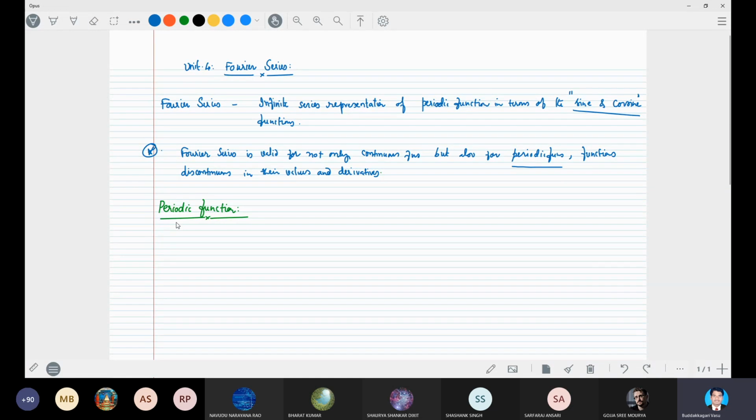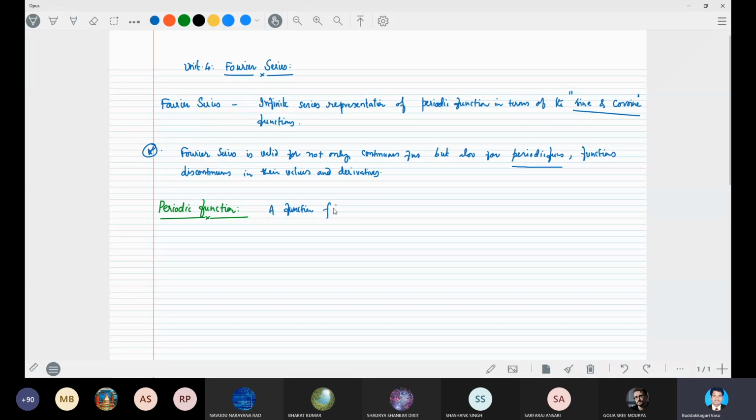Now let us go to the simple definitions which will be helpful for the Fourier series. The periodic function. What is a periodic function? A function gets the same value after some value of x. We will write it here.